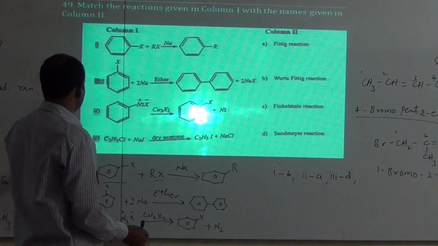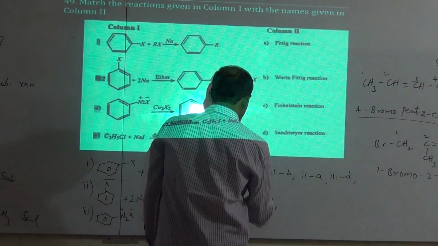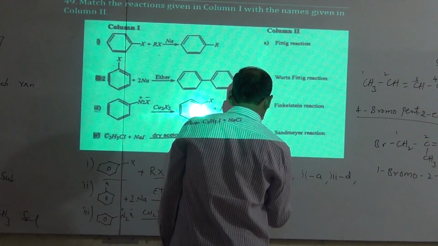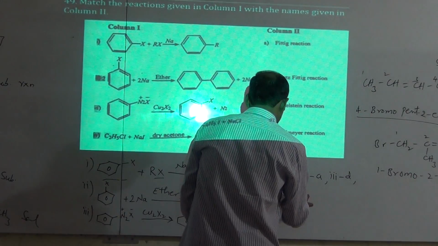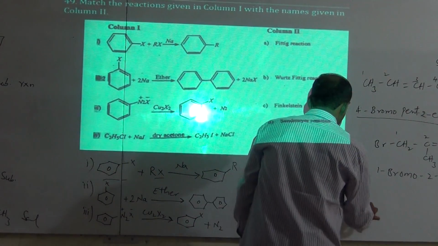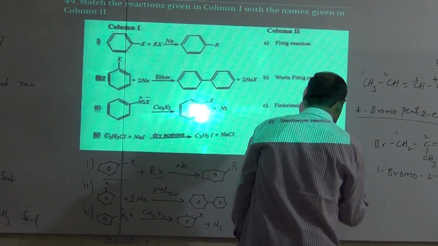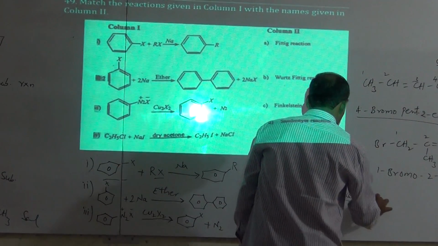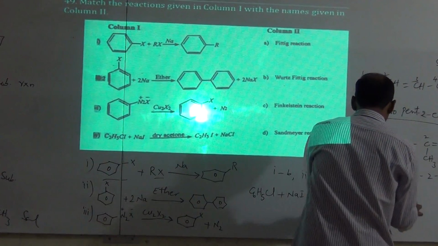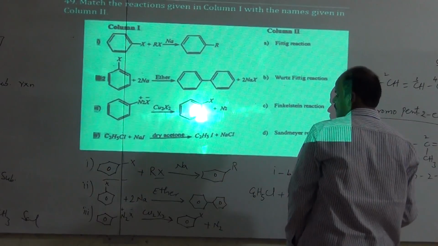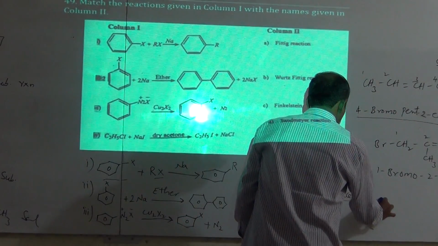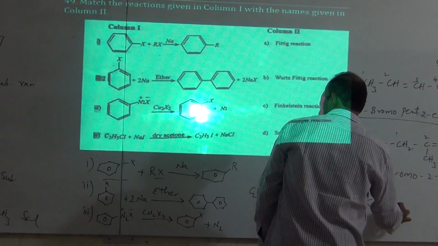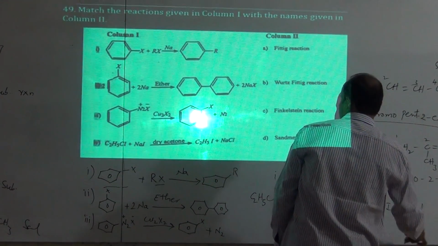And the fourth one is C6H5Cl plus NaI in the presence of dry acetone. It gives alkyl iodide, that is C2H5I plus NaCl.